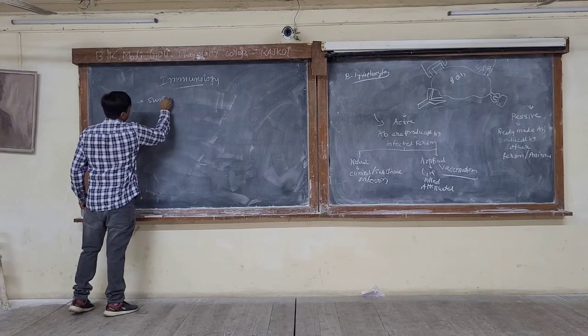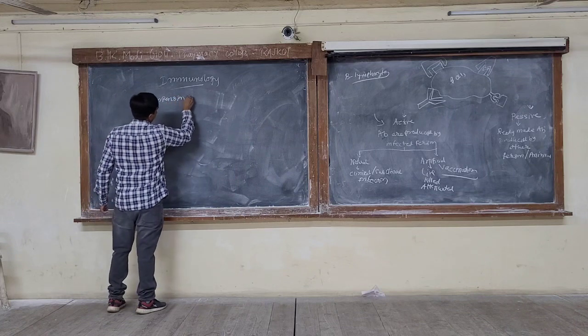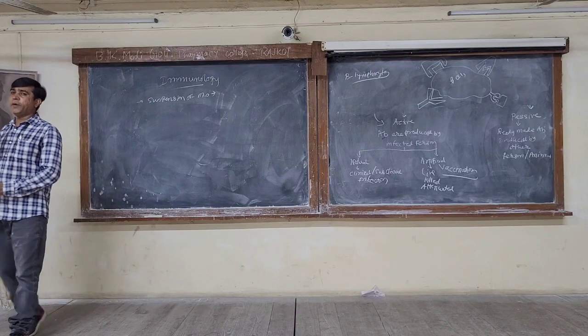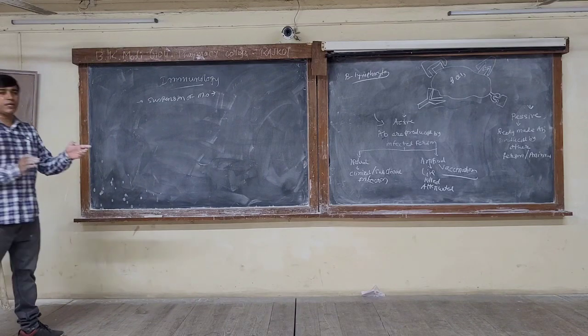The first type of vaccine is the suspension of microorganisms, that is, the microbial cells are suspended.